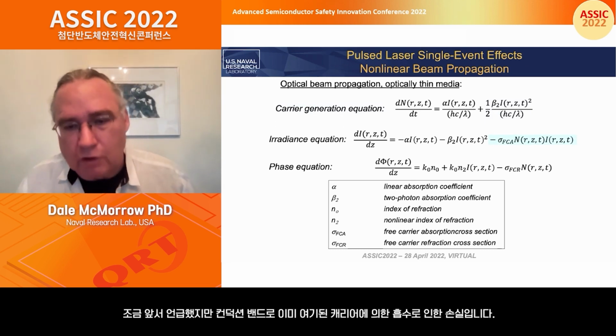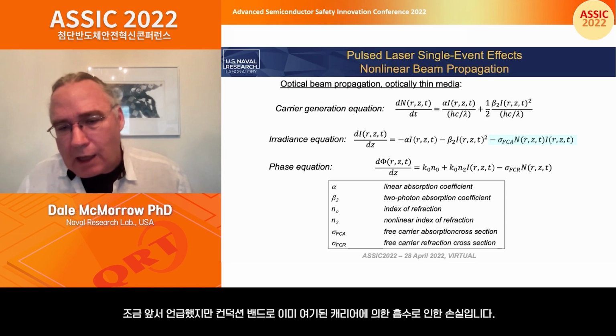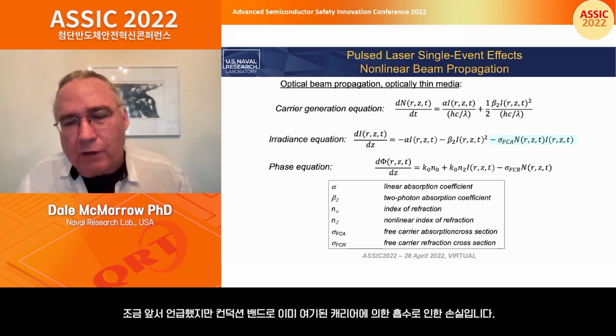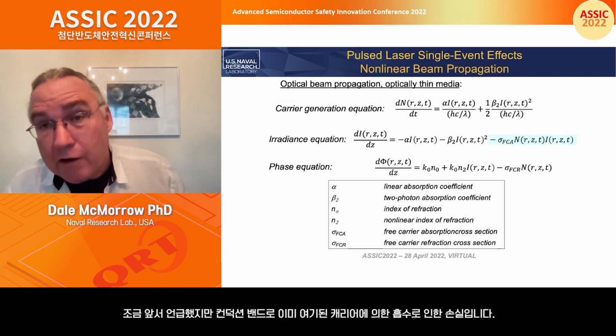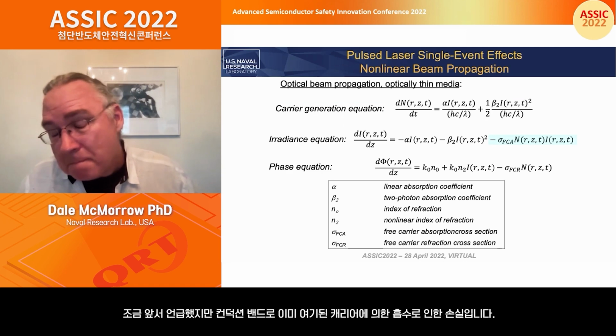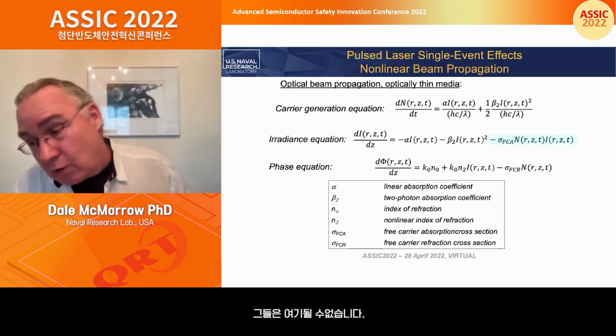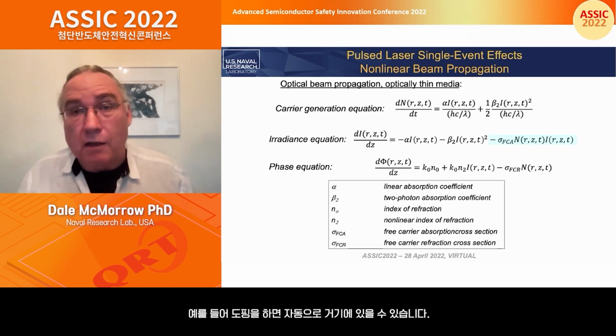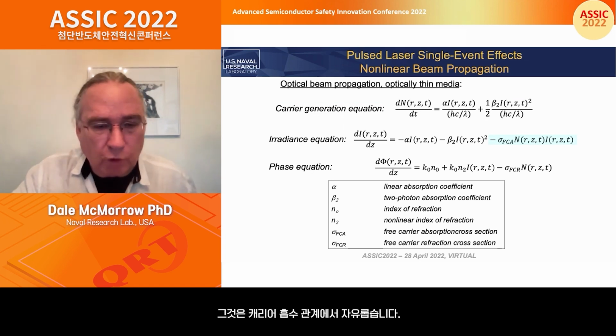I mentioned that a bit earlier, but basically this is the loss due to absorption by carriers that have already been excited into the conduction band. They don't have to be excited. They can be there automatically by doping, for example. But that's the free carrier absorption term.